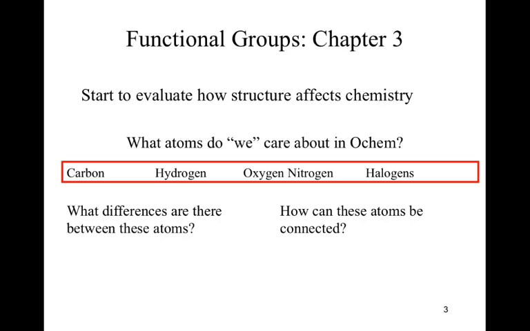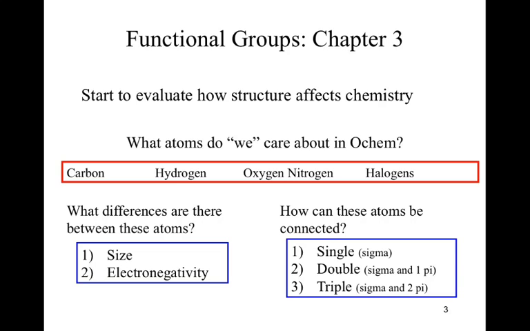We can then look at how the size changes or the electronegativity changes to determine the reactivity of that individual atom or bonds around that atom. We could also go through and change how those atoms are connected to each other. So we could have single bonds between all of our atoms, or we could have double, or we could have triple bonds. If we change how the atoms are arranged, we're also going to change the reactivity. If the reactivity changes enough, we give it a new name.